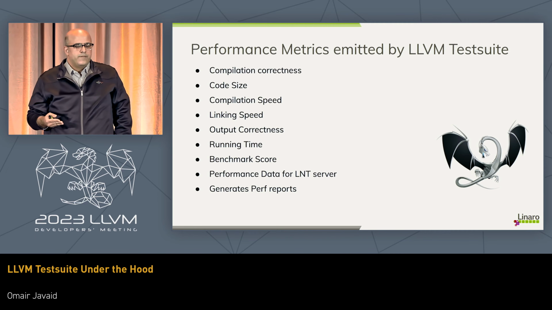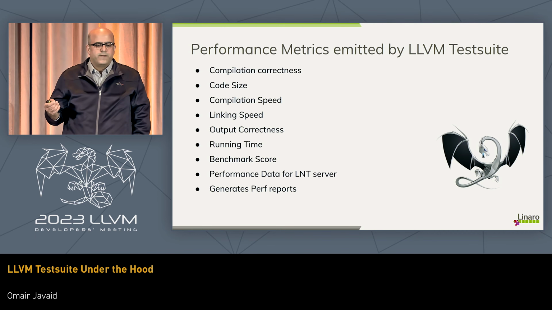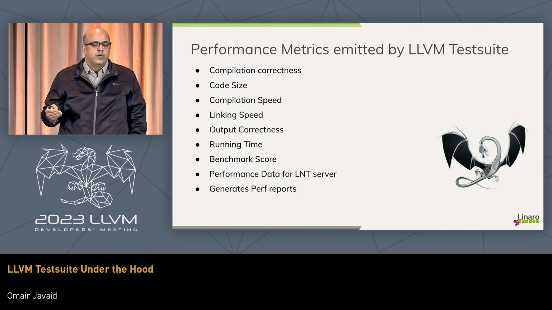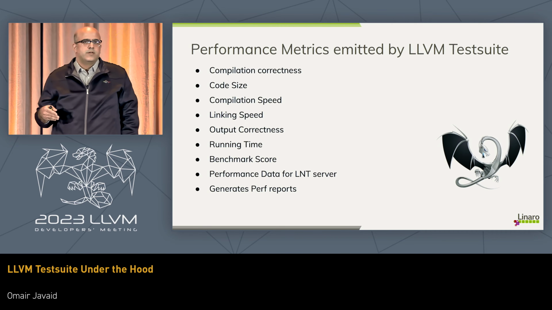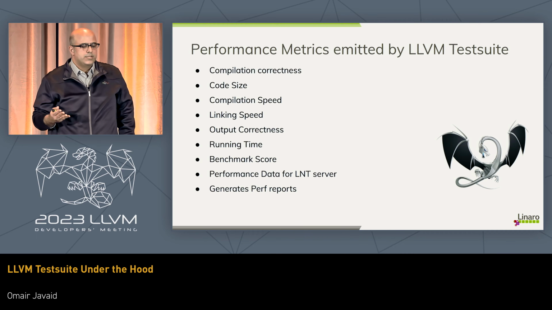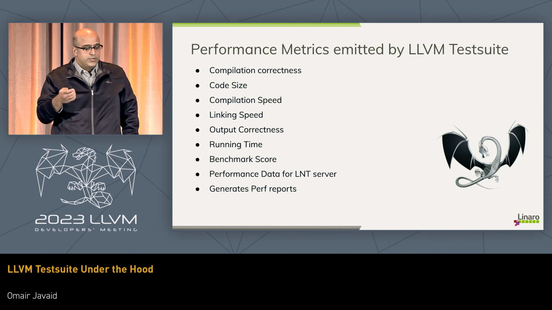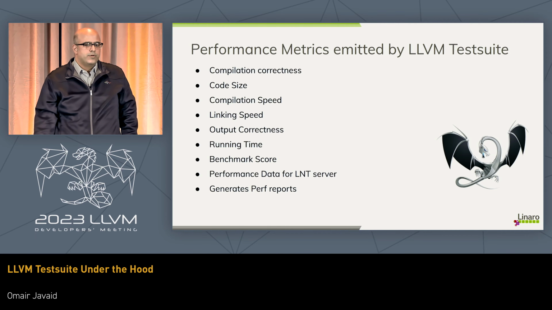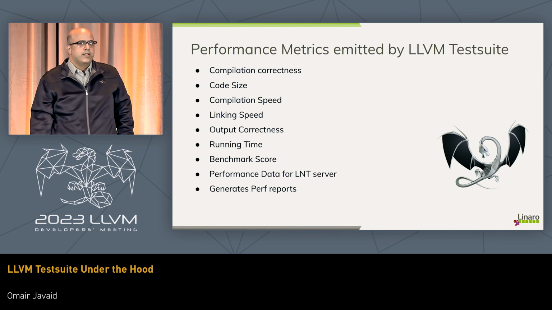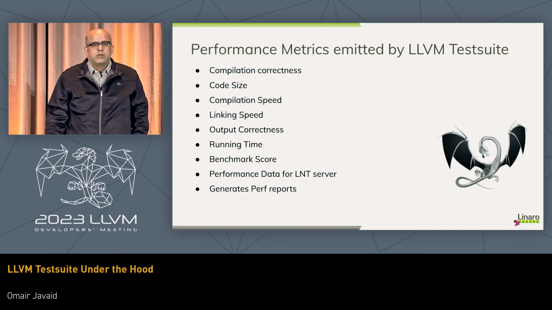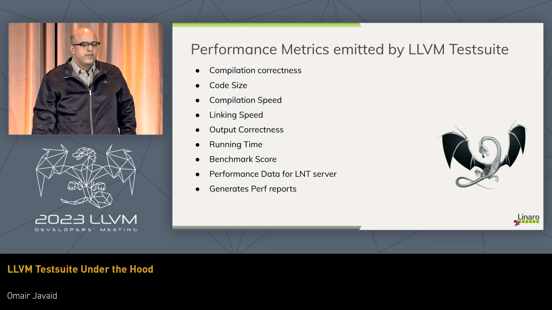All this information is in the form of text as a JSON report, and that can be exported to the LNT server, where you can visualize these in a nicely moving graphical interface. It also generates perf reports for detailed reporting of performance data like cache misses or the hardware performance with LLVM.